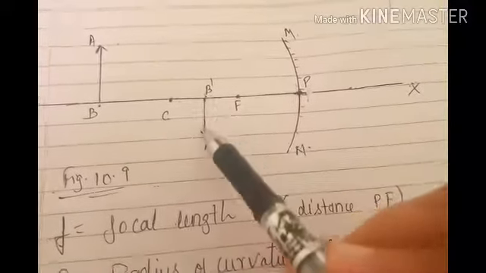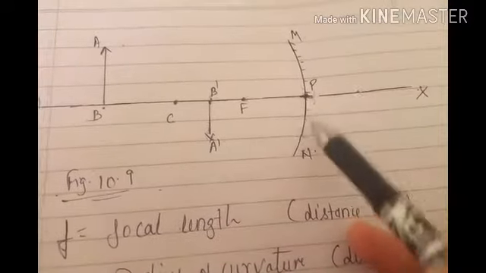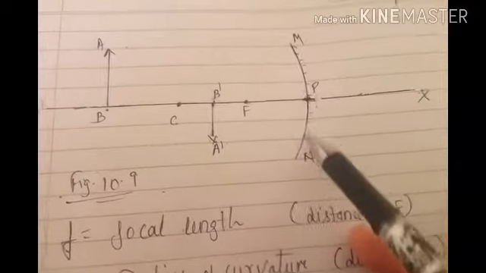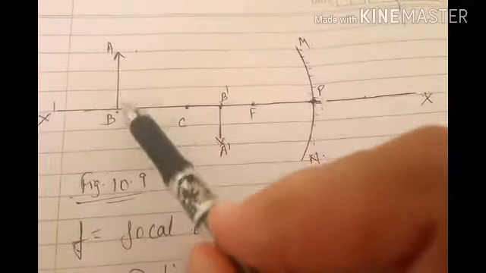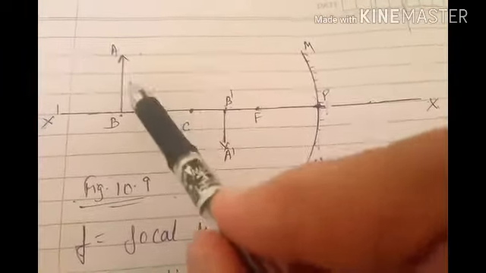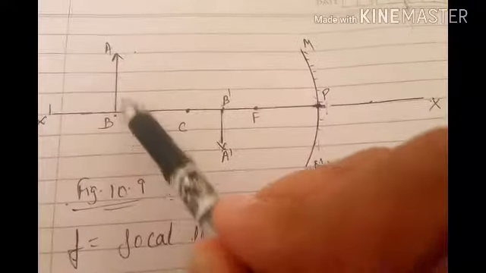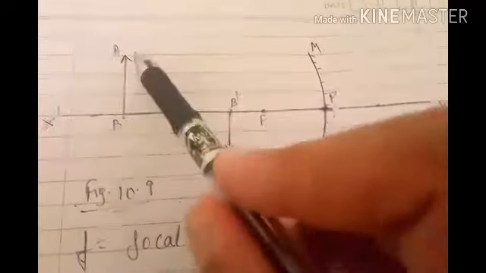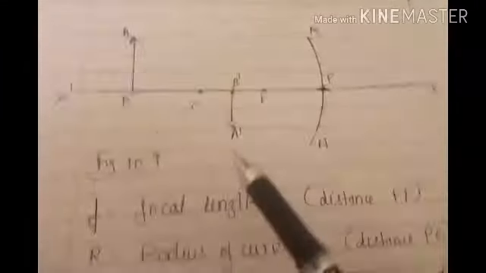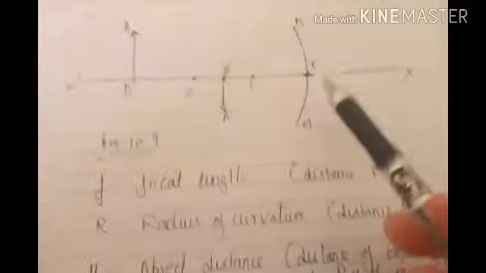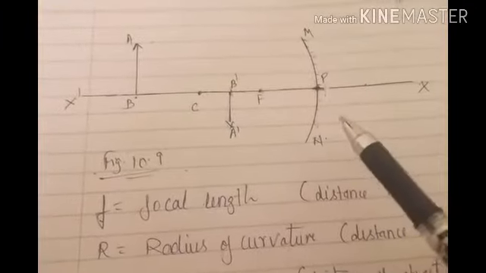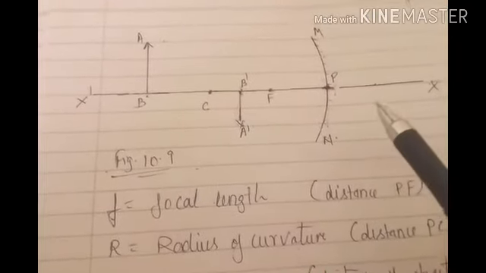Why minus? Because it is present below the origin along the y-axis. And if you are told AB is 5 centimeter, you will take it as plus 5 centimeter because it is above the axis, and this distance is below the axis. So basically these are the sign conventions that are used in the numericals that we are going to solve.